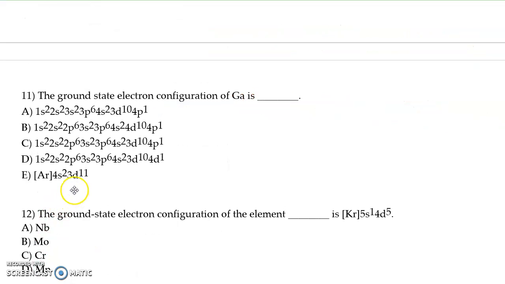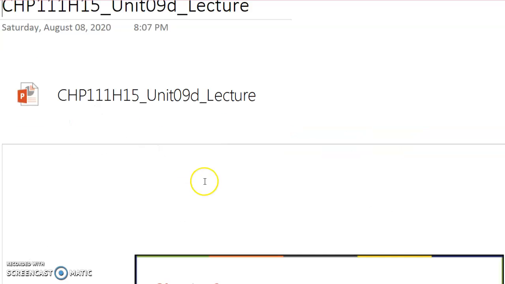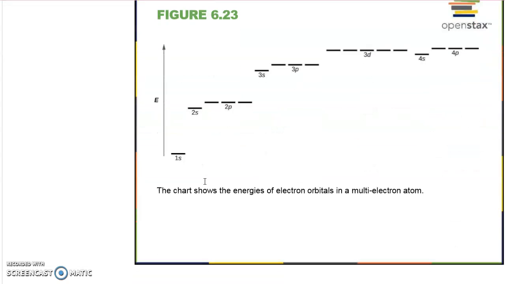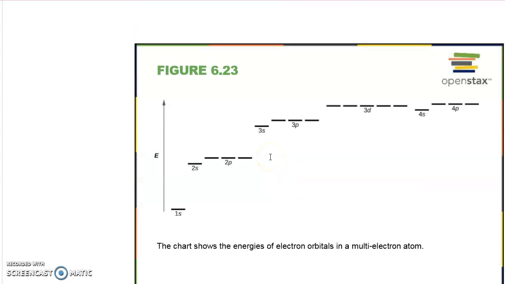Now, let's look at number 11. The ground state electron configuration of gallium, Ga is, okay, so gallium, it is Ga, it has 31 electrons. So how do we do this? The best will be go back to our favorite chart over here. Okay, so now I have my energy level over here and I have 31 electrons.